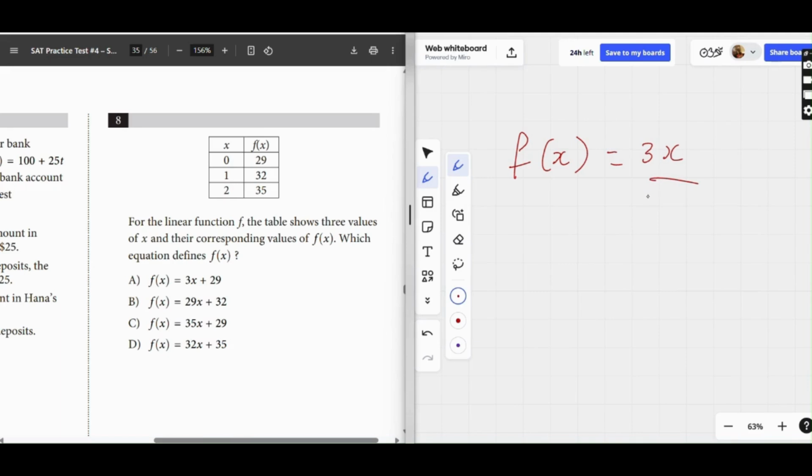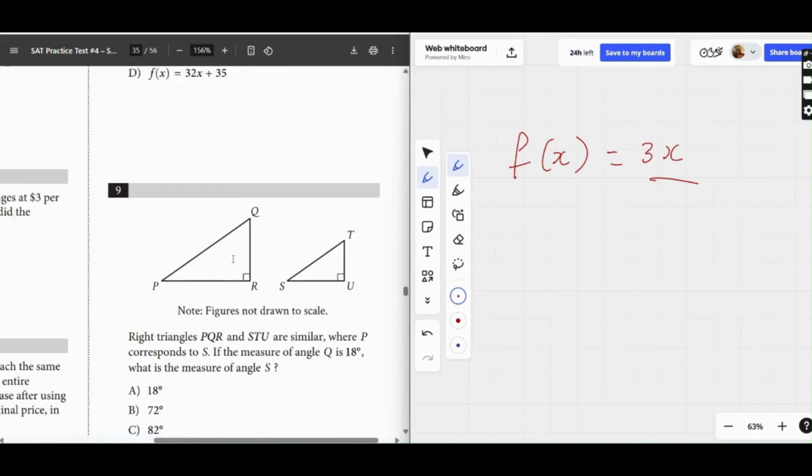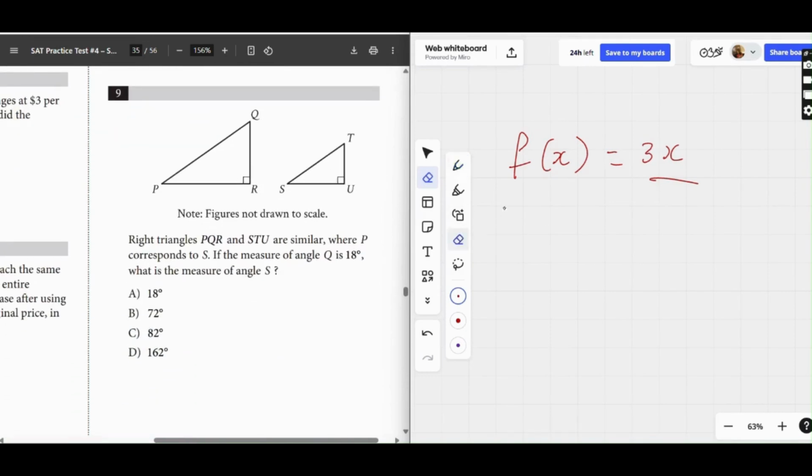All right, now this ninth one. Right angle triangles are similar where P corresponds to S. If the measure of angle Q is 18 degrees, what is the measure of angle S? So what do we think?